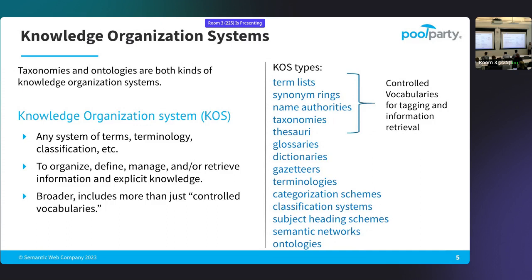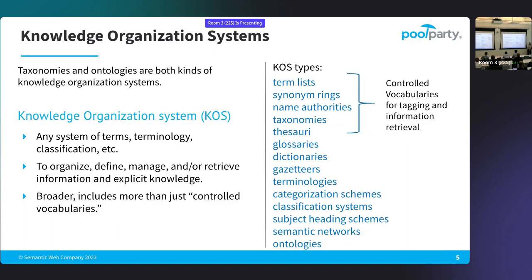And a subset of knowledge organization systems are controlled vocabularies: term lists, synonym rings, name authorities, taxonomies, and thesauri, which are specifically used for tagging or indexing content for information retrieval. Other knowledge organization systems have other purposes or focuses.